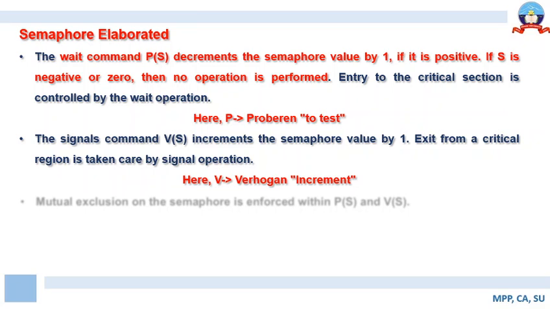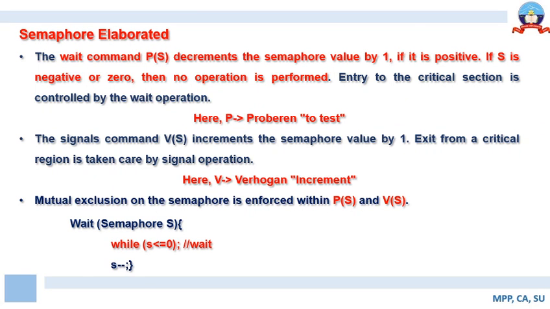P is the nomenclature used for wait and V is the nomenclature used for signal, representing proberen and verhogen, where proberen in Dutch refers to test and verhogen in Dutch refers to increment. And then we learned about how wait and signal enable us to synchronize the operations of cooperating processes in a computer system. Then we have also learned about the implementation of wait and signal.